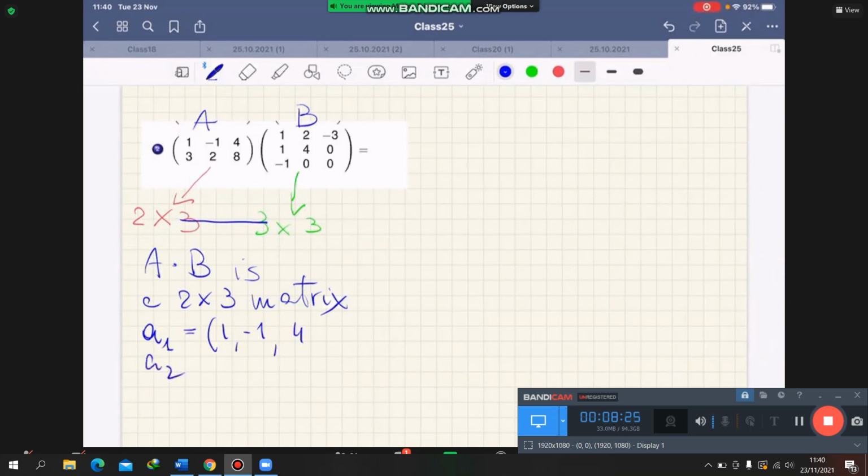The second row vector of A is 3, 2, 8. Then we may prefer to write the first column vector of B. You can write, for instance, here, B1 equal 1, 1, minus 1.